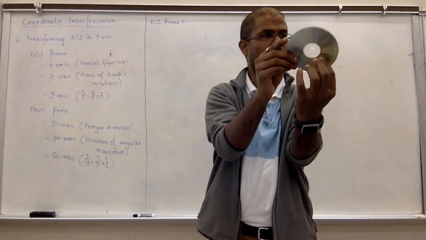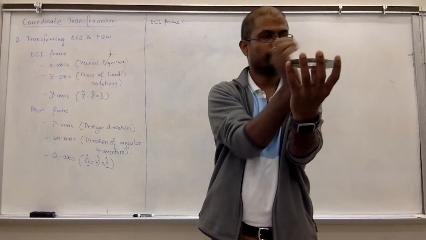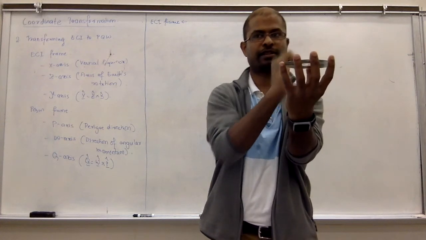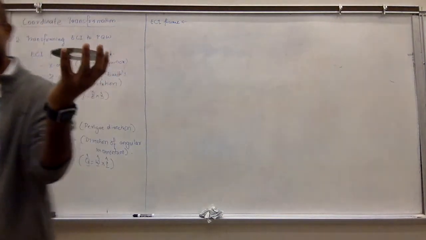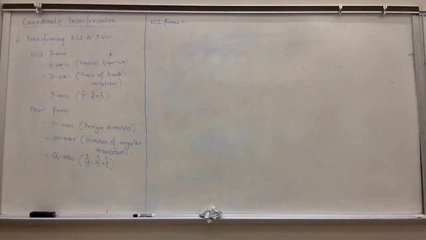This is not my frame. If I do this about the x-axis, you see my x-axis is here. Let's say this is the x-axis for you guys. According to that, this is the z-axis, this is the y-axis. Now see what I am doing. This is my x-axis.